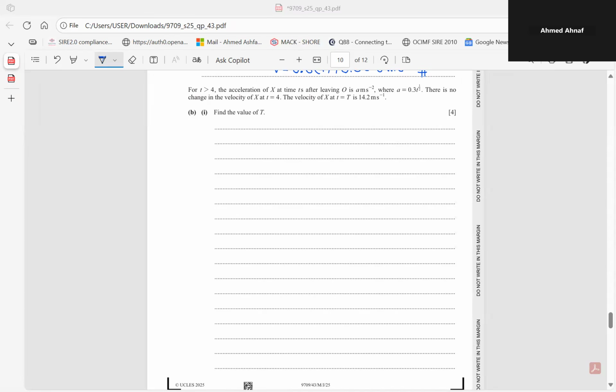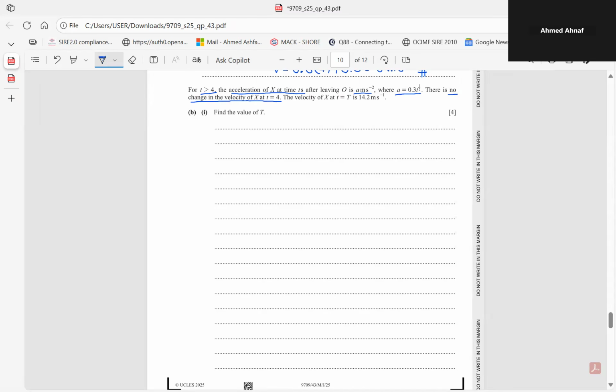Okay, so for this second part, we're given additional information that for t more than 4, the acceleration of x at time t seconds after leaving O is a meters per second squared, where a is equals to this expression in terms of t. There is no change in the velocity of x at t equals to 4.